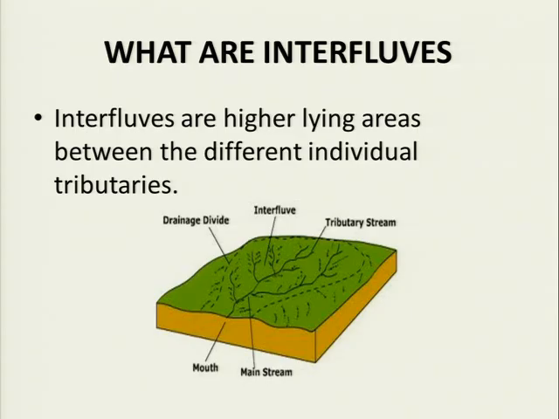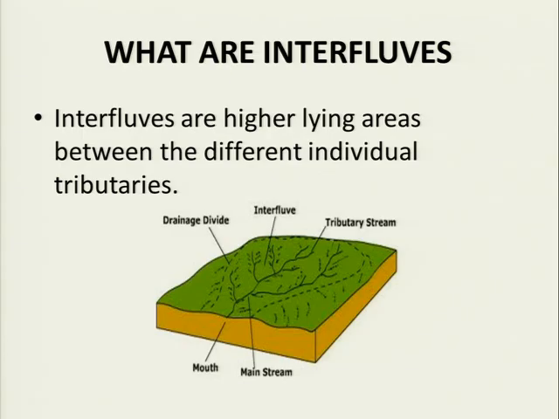Right. Interfluves, remember, you have to look at the difference between an interfluve and a watershed. An interfluve, those are the higher lying areas between the different individual tributaries. Do not confuse it with the watershed.